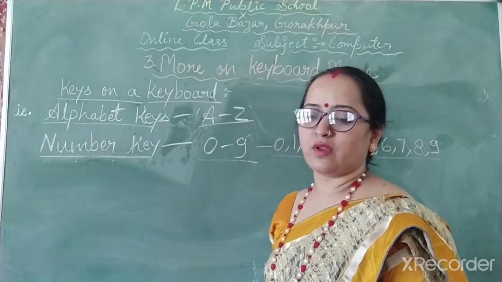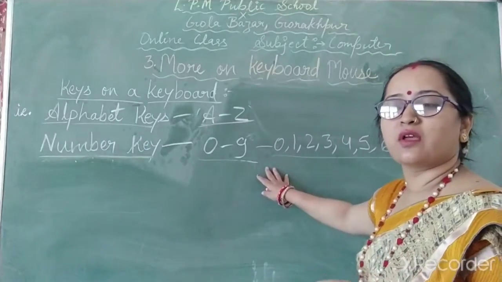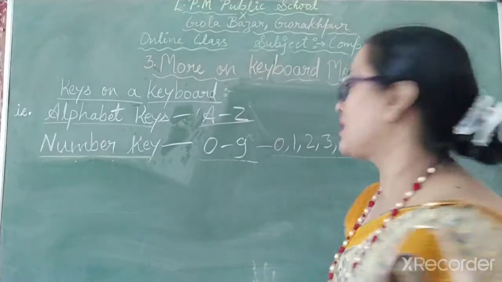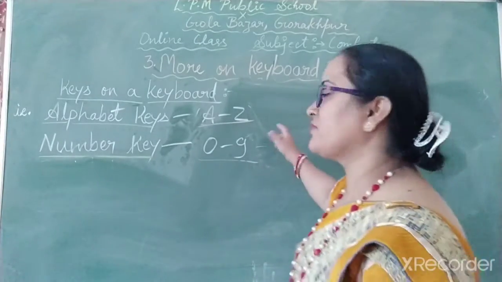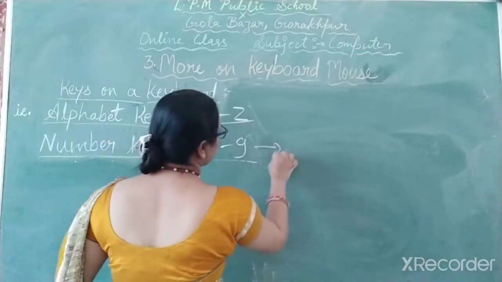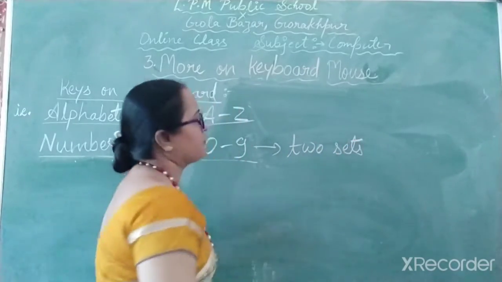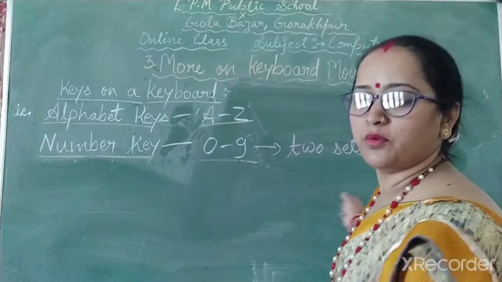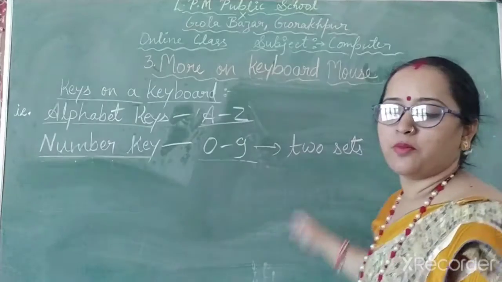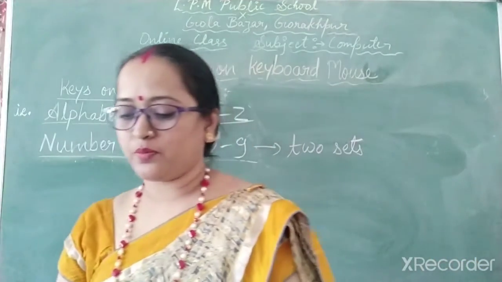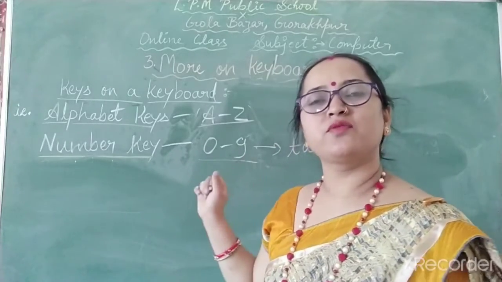There are two sets of number keys on a standard keyboard. One set is present right above the top row.